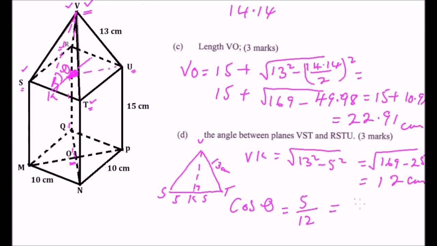That will give us 0.42, and cos inverse of 0.42 is equals to 65.38 degrees. So that brings us to the end of that question.